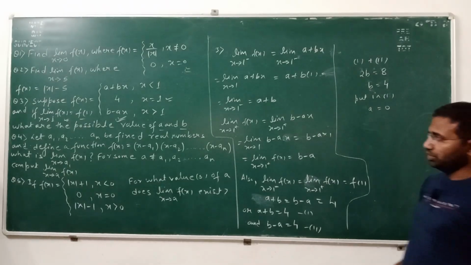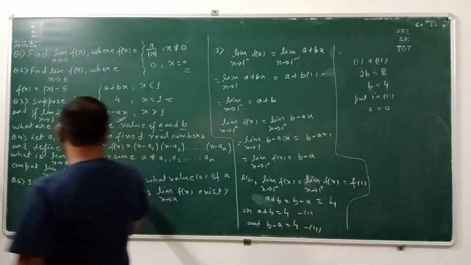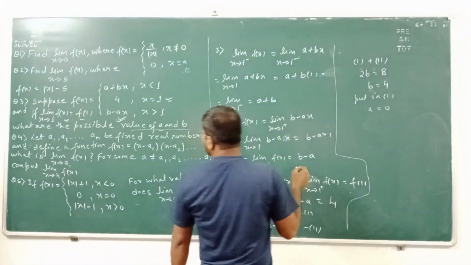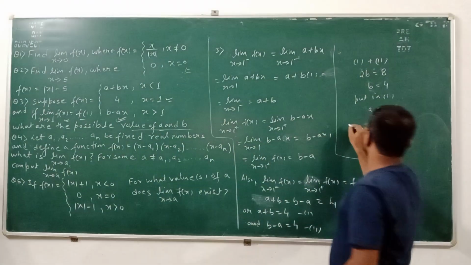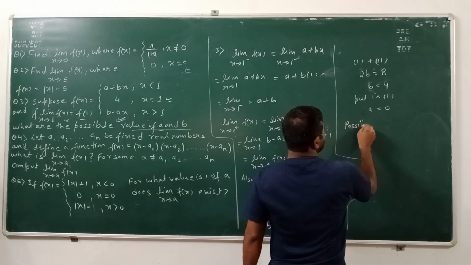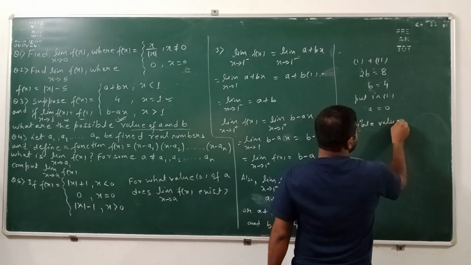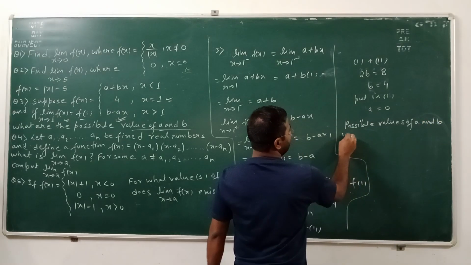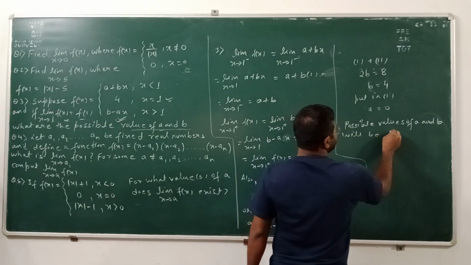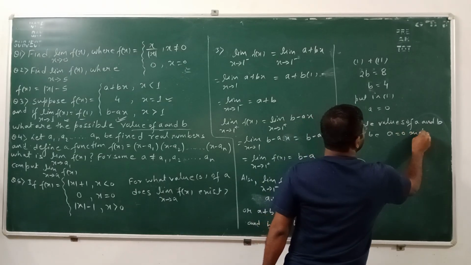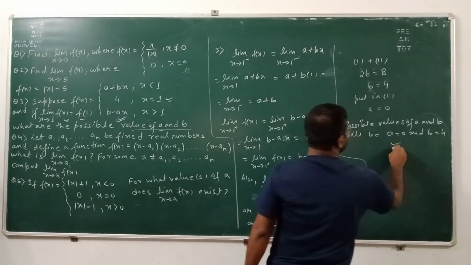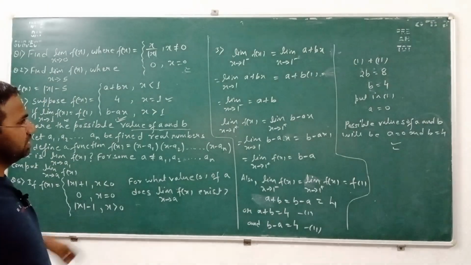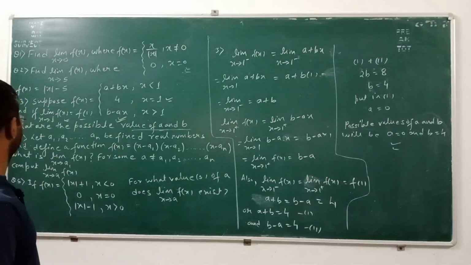The question is asking for the possible values of a and b such that the limit exists, so the possible values will be a is equal to 0 and b is equal to 4. So in this way we find the possible values of a and b, and in this way you will write the solution of this question number third.